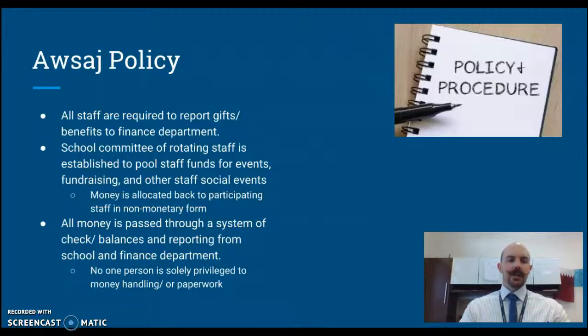So everything is appropriated back towards the staff who are actually participating. All money is passed through a system of checks and balances and reporting through our school and our finance department, and there is never a sole person privileged to just the money and the paperwork.